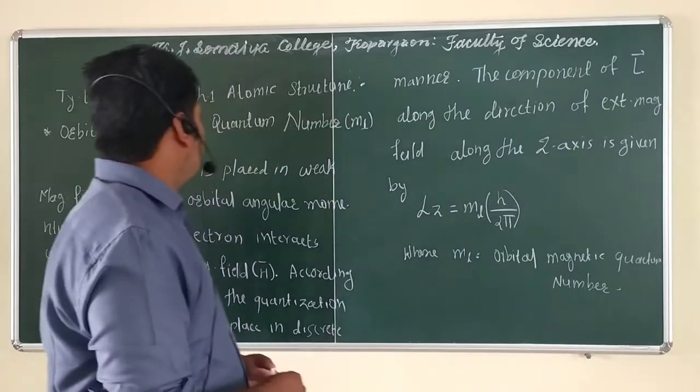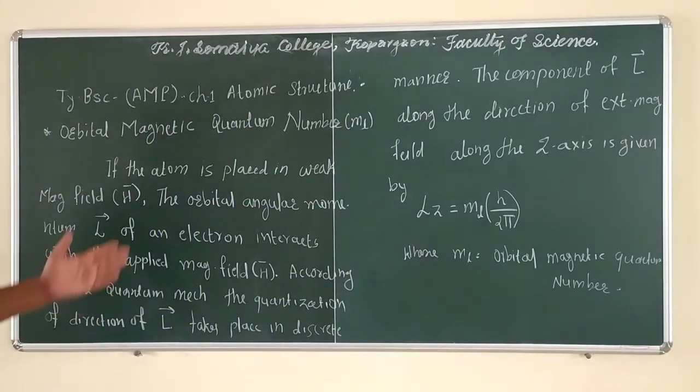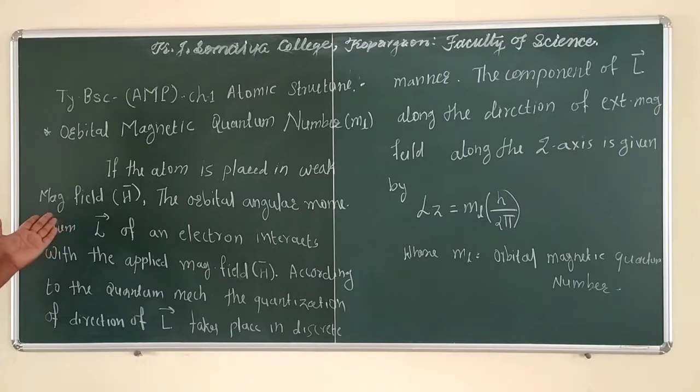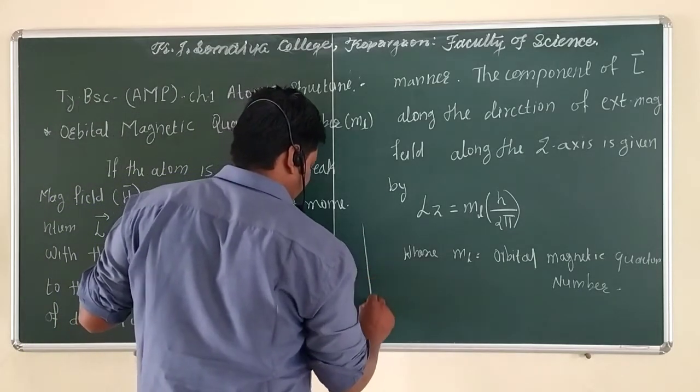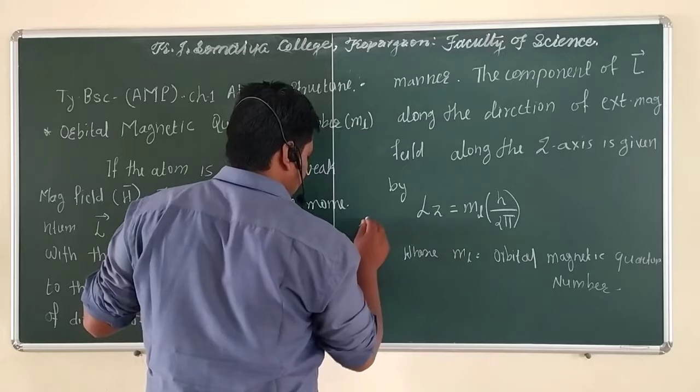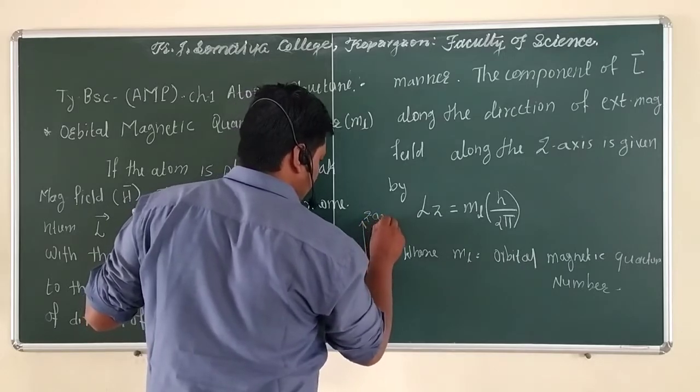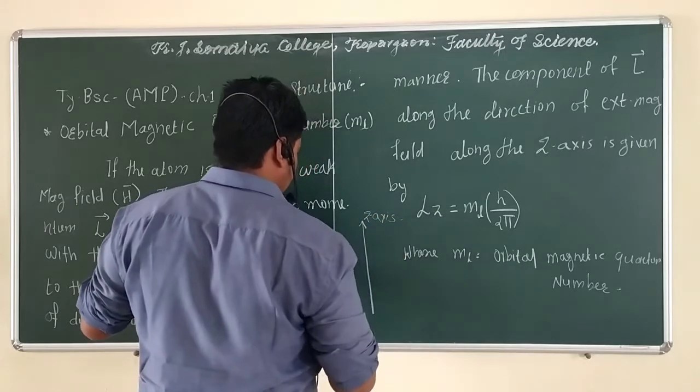The atom is placed in a weak magnetic field, denoted h bar, acting along the vertical axis, which is considered as the z axis, fixed in the upward direction.